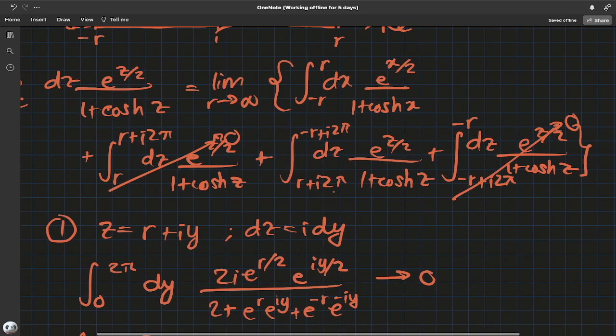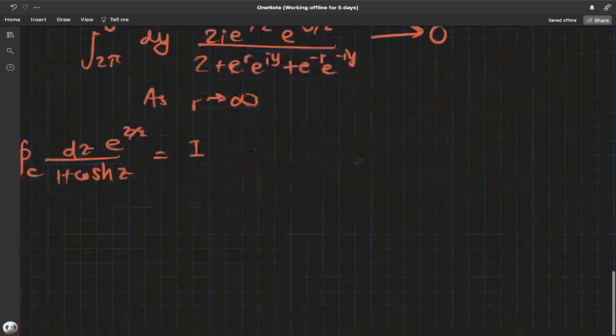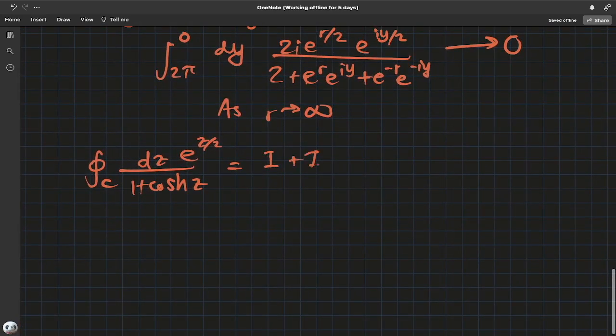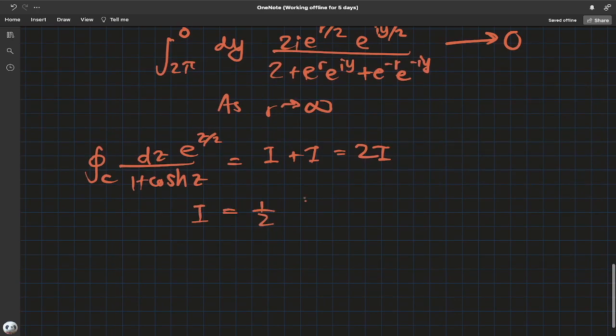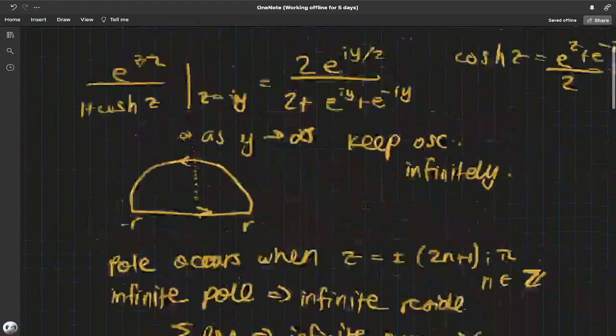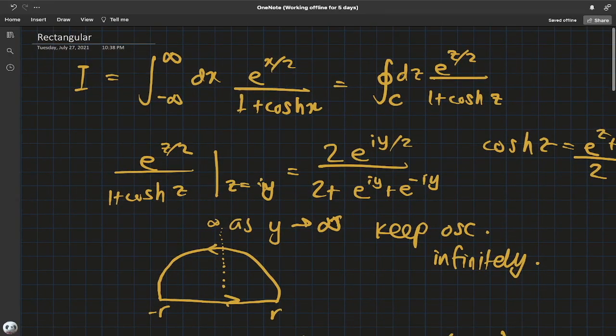We just calculated this, and this is I again. So I plus I is 2i, which means I is half of this contour integral. So, a slight correction to what we had above: just add a factor of half.